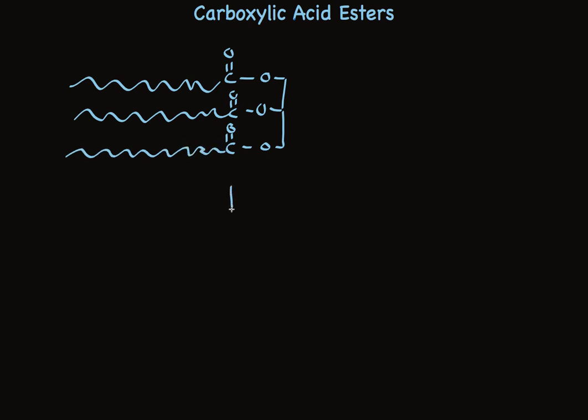And when treated with sodium hydroxide or potassium hydroxide, the products are long chain carboxylic acids. They may or may not be identical. Often they're not. But the key thing is that these are long chain carboxylic acids that in water form micelles.